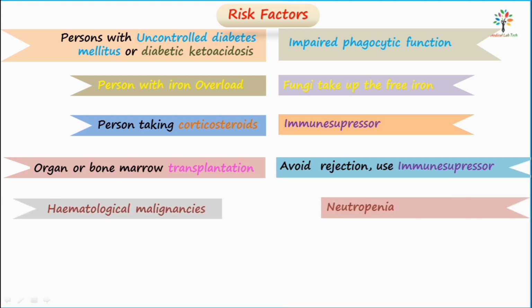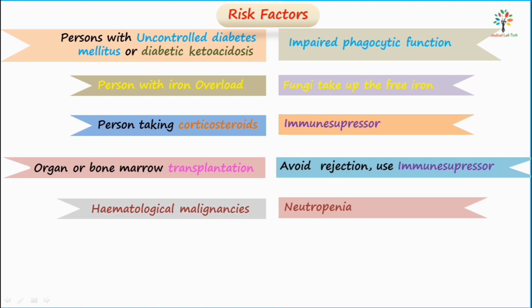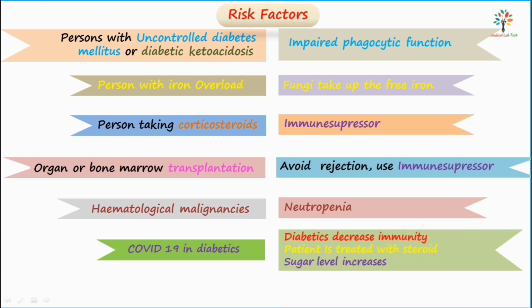Next is hematological malignancies. In the case of hematological malignancies, there will be suppression of immunity. The person may go for chemotherapy. As a result, there will be decreased neutrophils, that is, neutropenia. A person with neutropenia can develop mucormycosis. Next is COVID-19 in diabetics. After recovering from COVID-19, some diabetic patients develop mucormycosis. Diabetes decreases immunity, and in some cases the patient is treated with steroids.